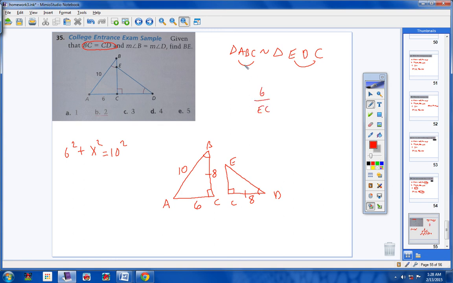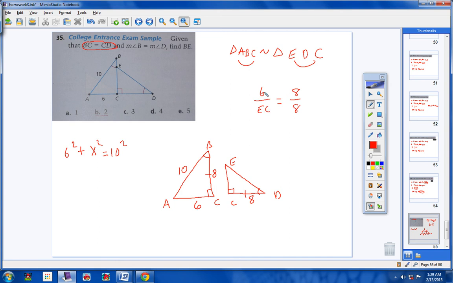So AC goes with EC. So 6 over EC equals, and what do we have here? We have to have one side over here matching this side over here. BC goes with DC, so 8 over 8. So obviously EC has to be 6.